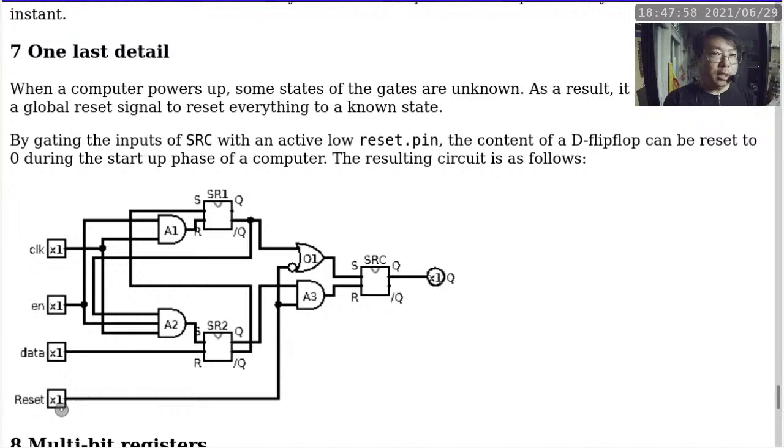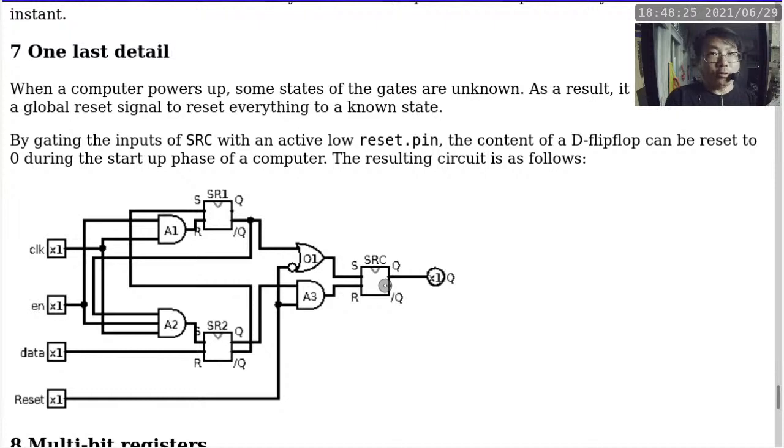So the reset pin bypasses the clock, enable, and data pin, and it just goes ahead and changes the D flip-flop to a default state of 0. So when reset becomes a 0, the output becomes a 0 right away. It doesn't wait for a rising edge of the clock, doesn't care whether the enable pin is a 1 or 0, it just does it.